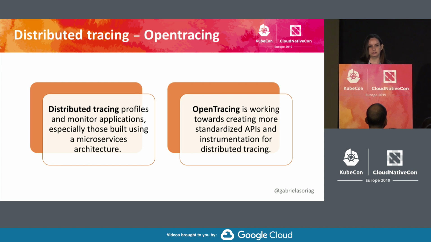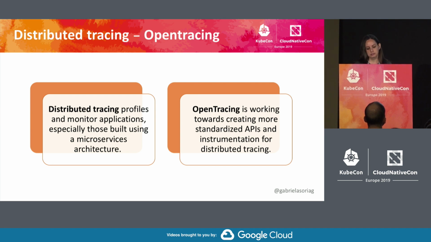Basically, distributed tracing is a method to profile and monitor our applications. It helps to understand the behavior of our application and the flow of our transaction. But the most important, to detect performance issues.